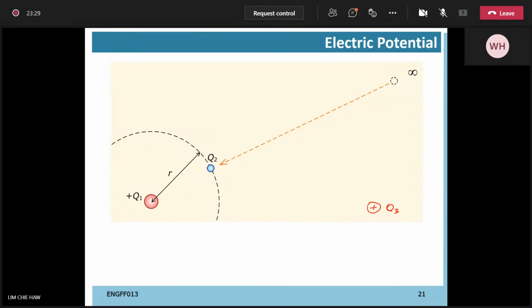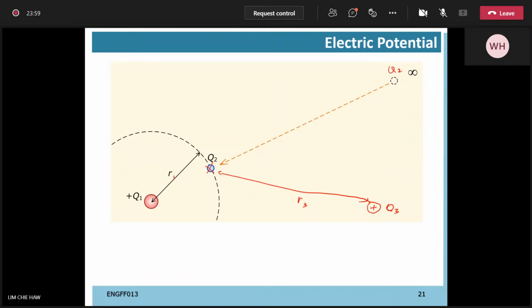So in this situation, if I want to bring this charge Q2 to this location, at distance R1 from Q1 and distance R3 from Q3, what will be the work done? Just now we had only one charge to set up the field.